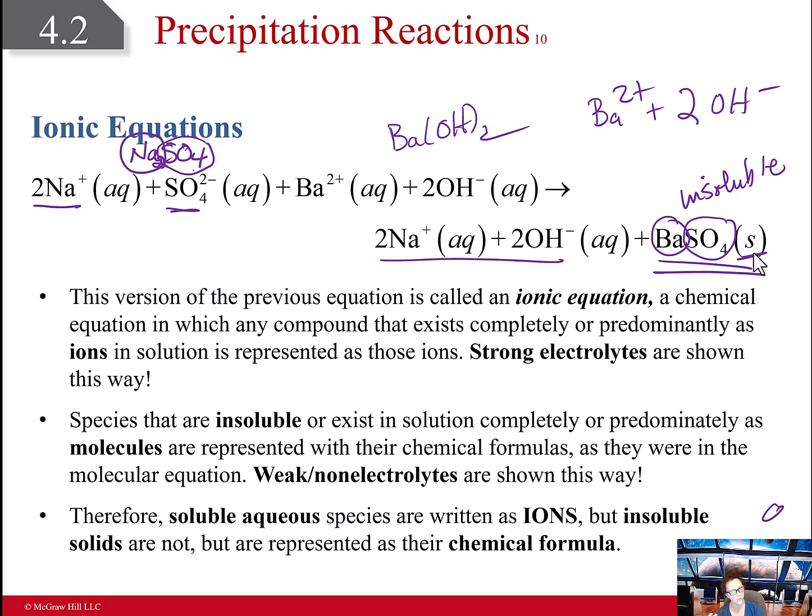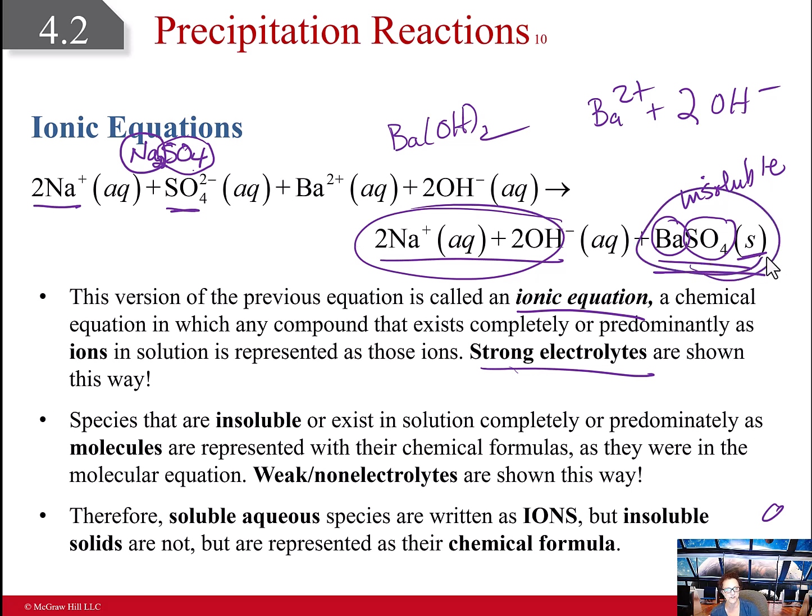So when we show what the ions look like, that's called the ionic equation. All right? And we show strong electrolytes, they'll be turning into ions on the product side. The ones that are insoluble or predominantly molecules, like weak electrolytes or non-electrolytes, we show them this way.